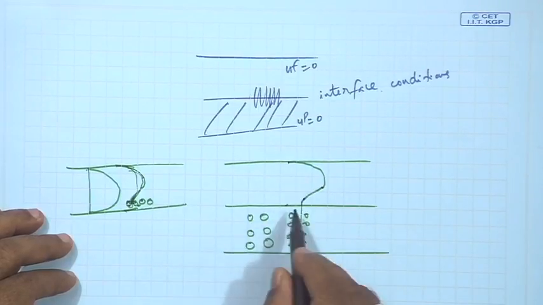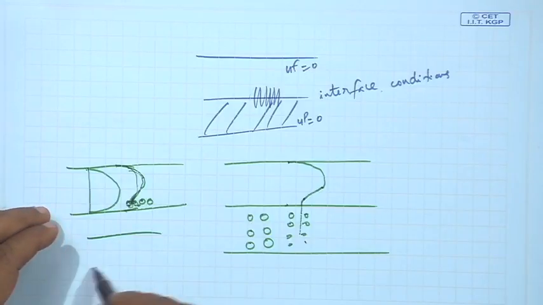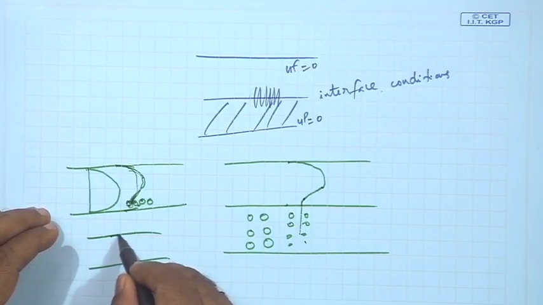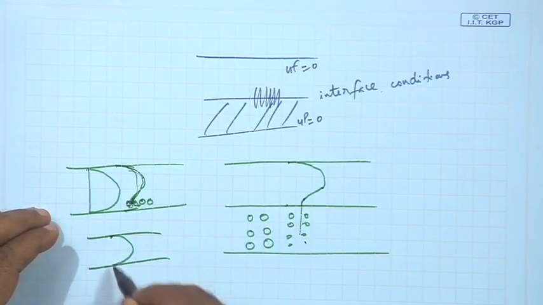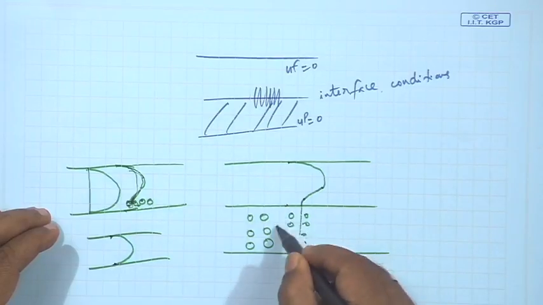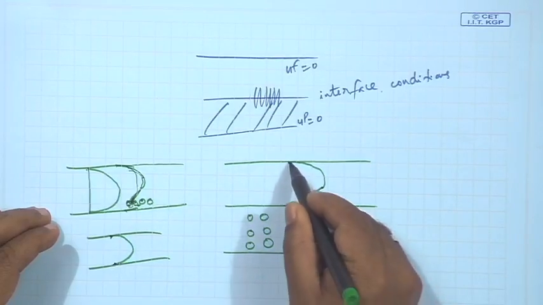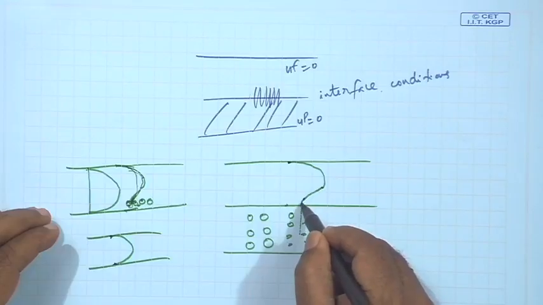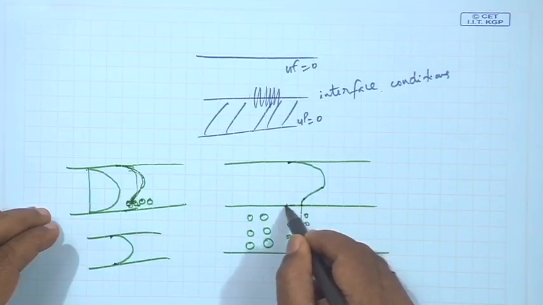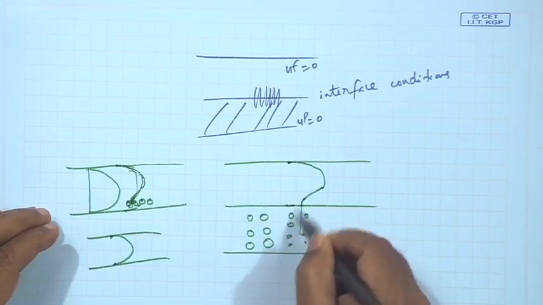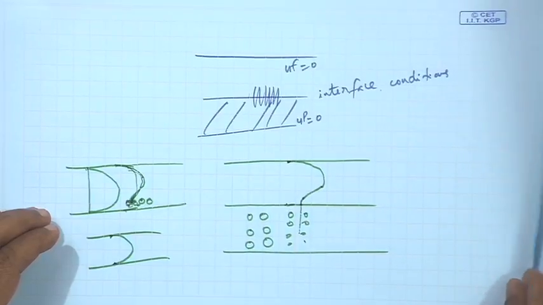So, if it is fully non-porous material, you see this is no slip here and here, but since part of it is porous, here it is no slip, but here it is dragged because some flow is percolated inside. Okay. So, that is what is happening.